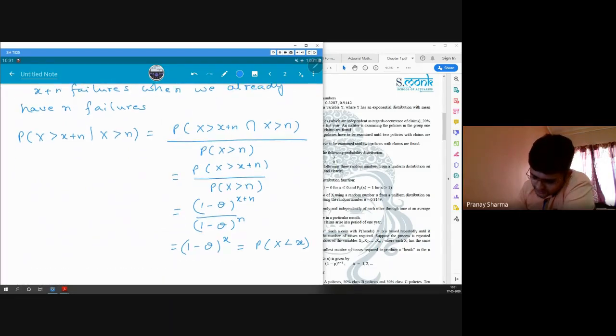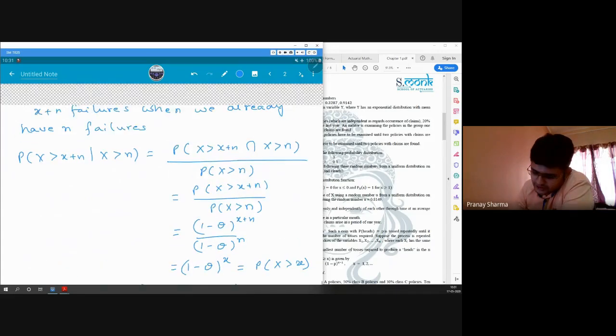So we are getting that our probability X greater than x plus n given X greater than n is equal to probability X greater than x. So what does this actually mean?